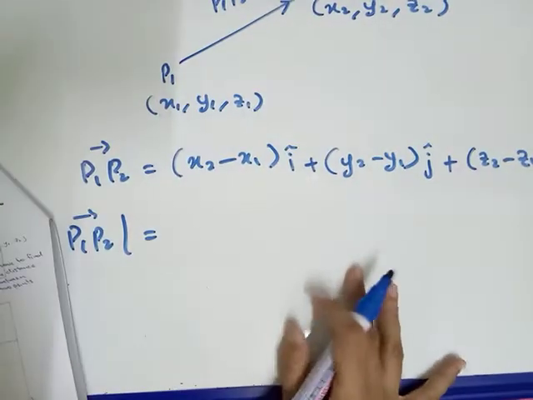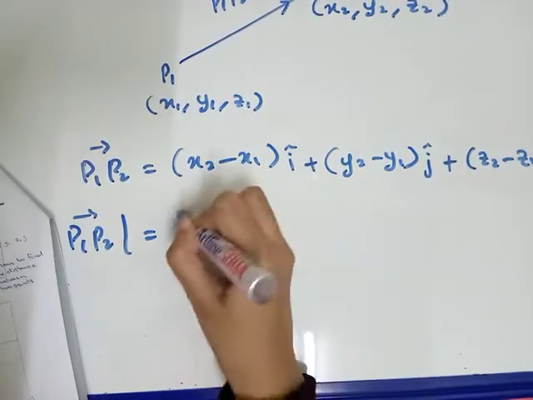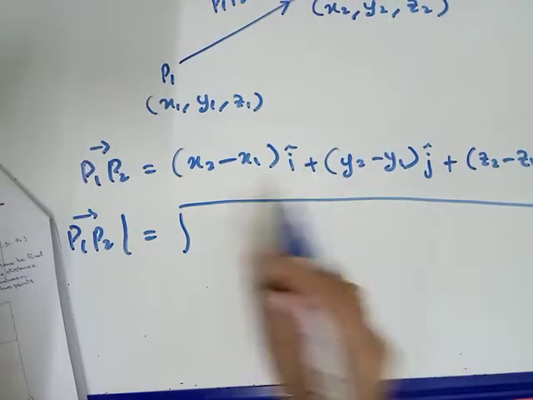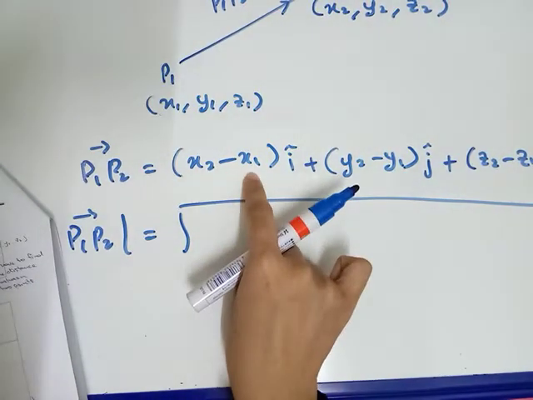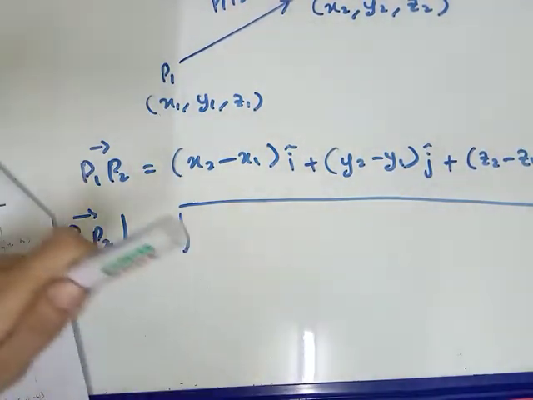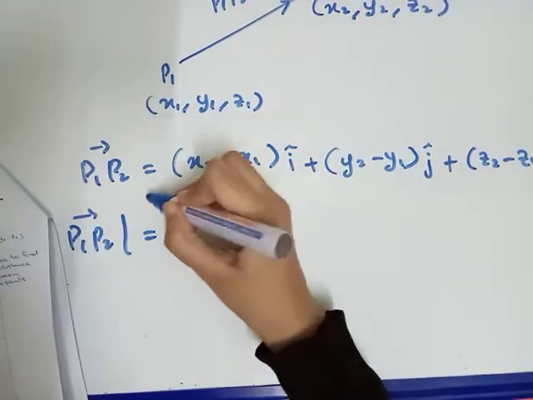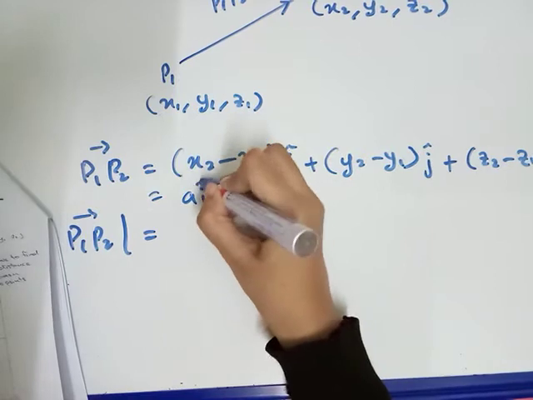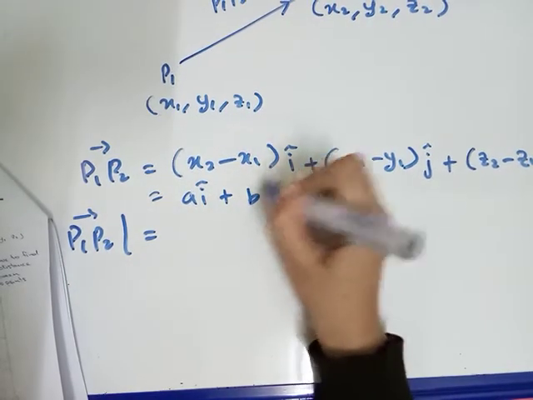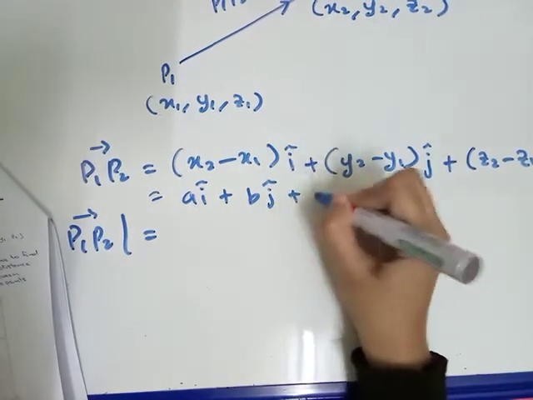For that, the formula is the square root of... Okay, let's say we have calculated the distance and we get Ai plus Bj plus Ck.